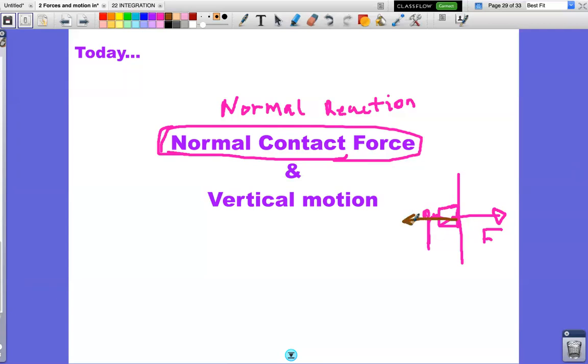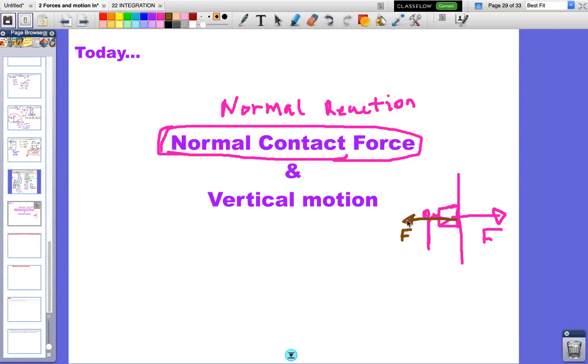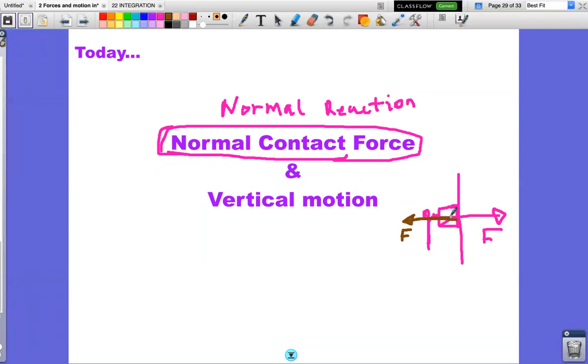And if this wall is not moving, or you are not moving, the force that the wall pushes back on you will have the same magnitude as the force that you applied to the wall. That is a brief summary of the normal contact force. And this force, the normal reaction, only exists because of this one. If this force is not there, then this one will not be there, right? So this force will be a normal reaction.